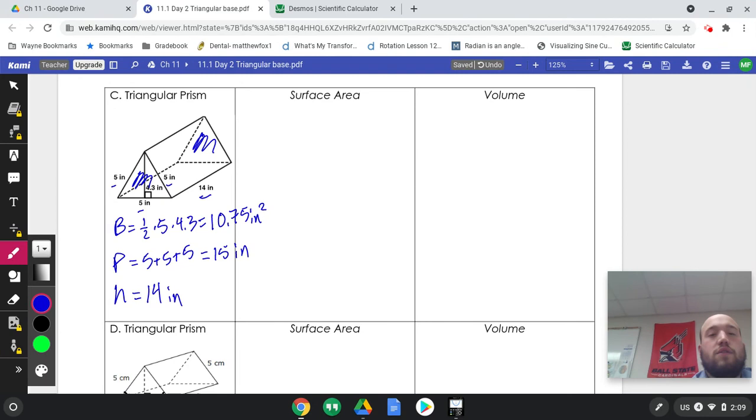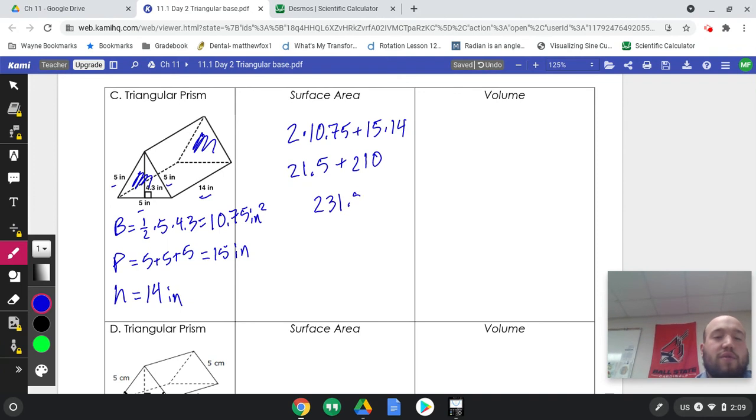Okay, so 2 times 10.75 plus 15 times 14. So 21.5 plus 210. And our final answer then, 231.5 inches squared. Now for volume, we just take that 10.75 and multiply it by the height of the prism, which is 14.